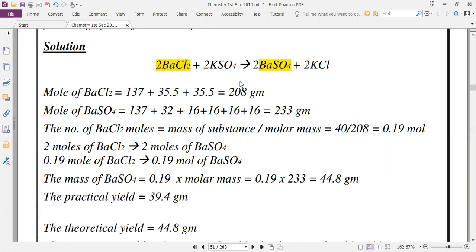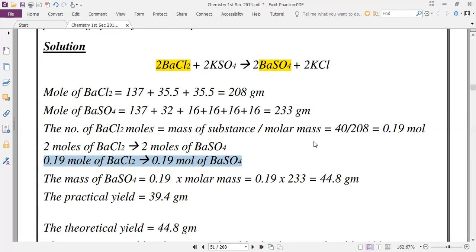So we can conclude that 2 moles of barium chloride give us 2 moles of barium sulfate, right? Yes. So 0.19 mole of BaCl2 also will produce 0.19 mole of BaSO4, right?